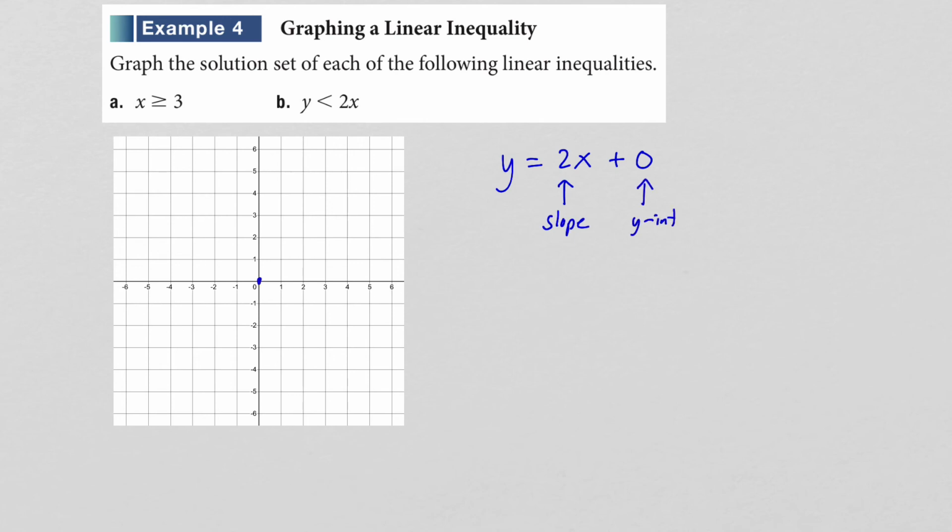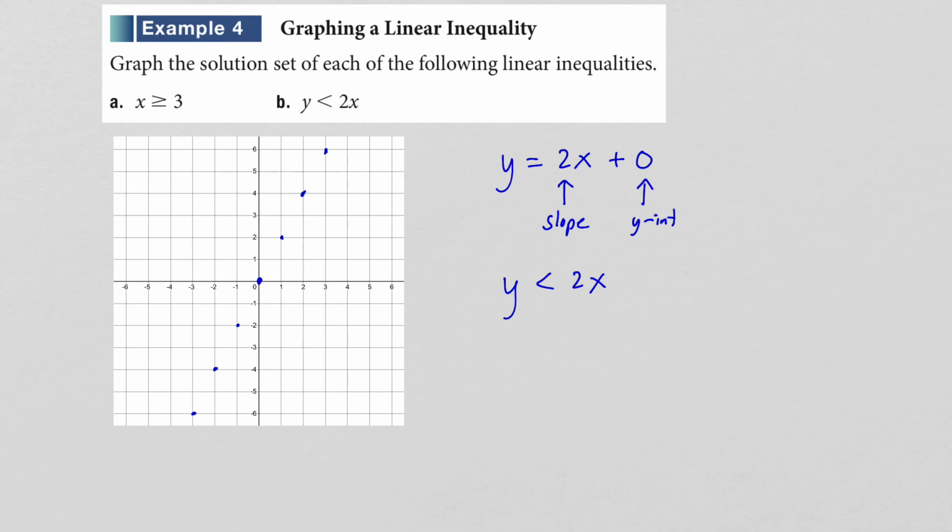So it passes through y equals 0 and has a slope of 2, which means we go up 2 over 1. And I could do that as many times as I want. And the line is the line that goes through these points. Now, we're going to shade on one side of the line or the other, but let me think about one other thing. We're graphing y is strictly less than 2x.